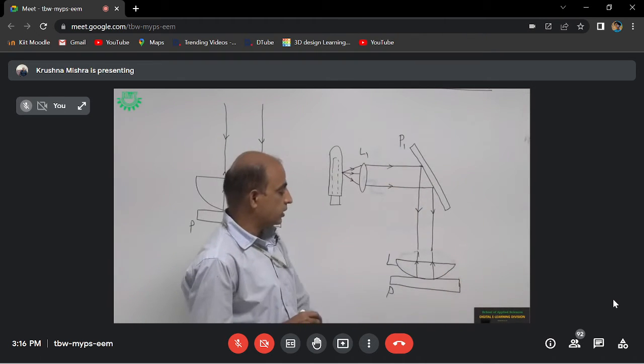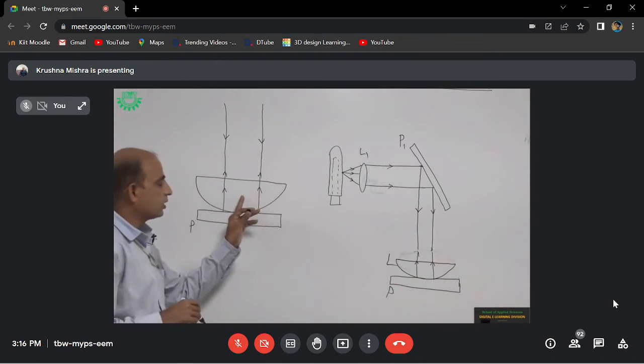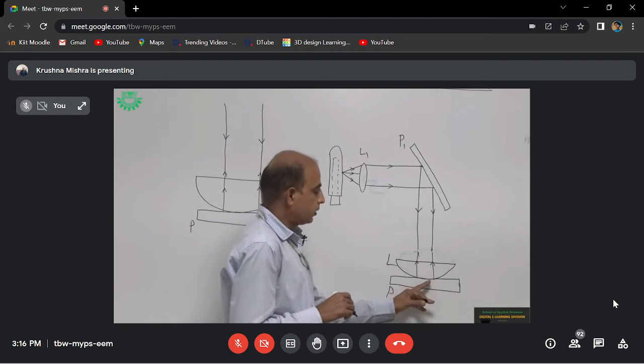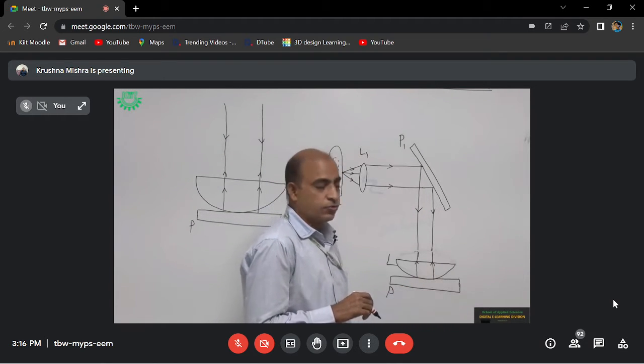It is a plano-convex lens, just like this, and radius of curvature of this is very high.